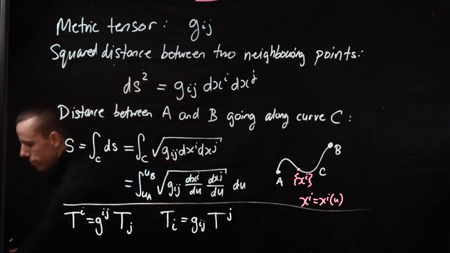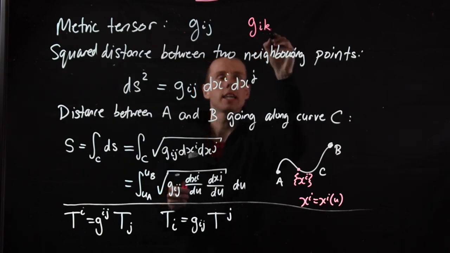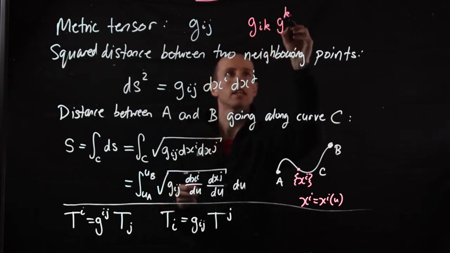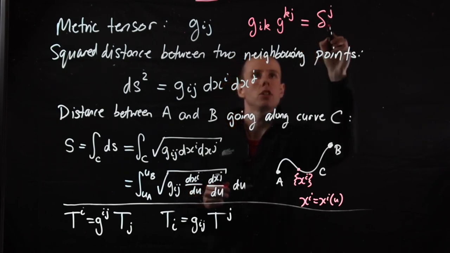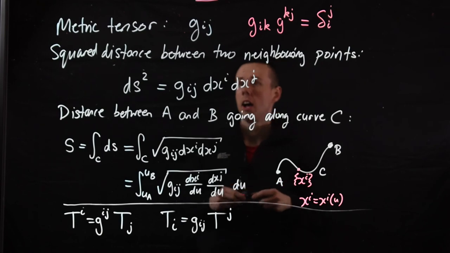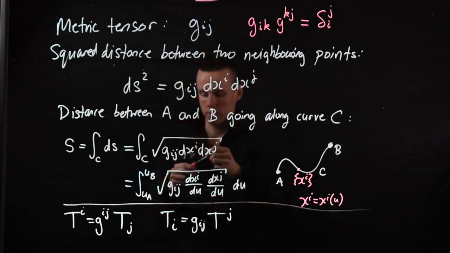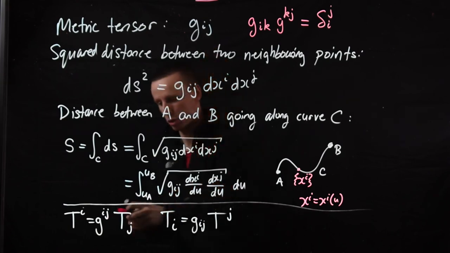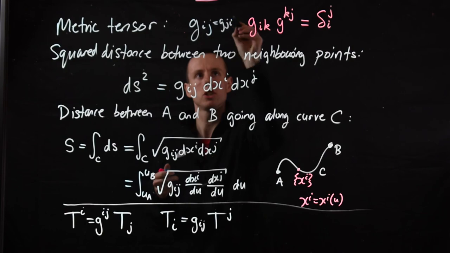In other words, if I have gik gkj, this is nothing other than delta ji. And I should also say the metric tensor is symmetric in both forms. So remember that gij is just the same as gji.